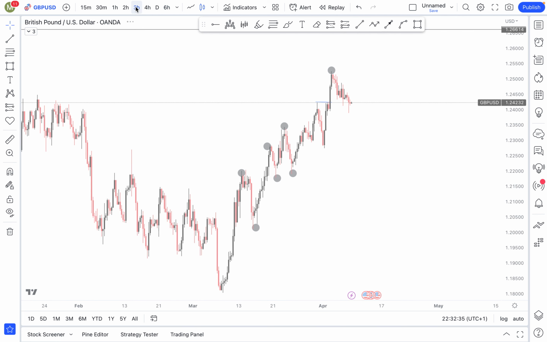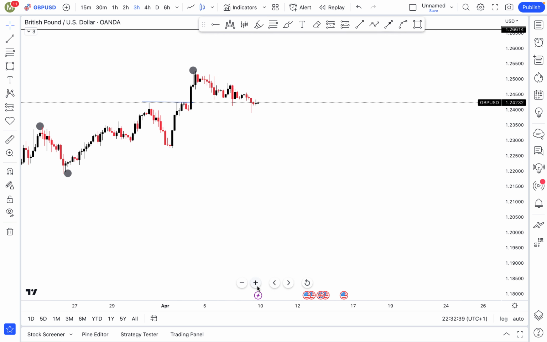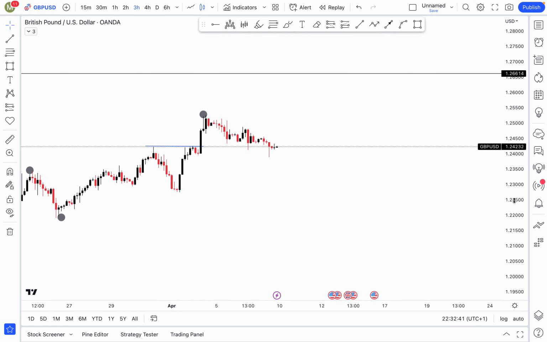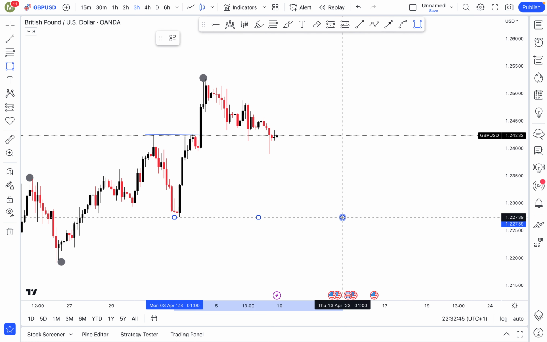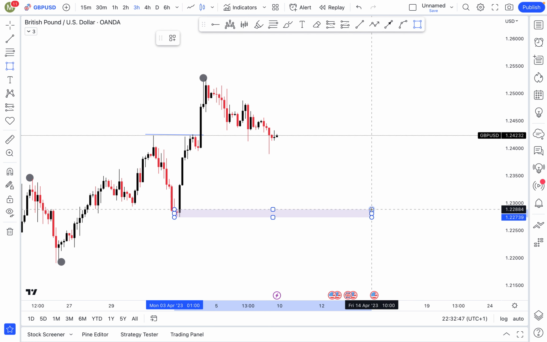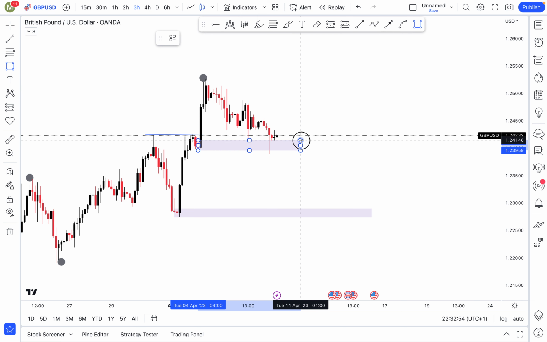No, let's go to 3 hours time frame so I can see my zones very well. So we had a demand zone here, low, and another one here that caused the breaking structure.